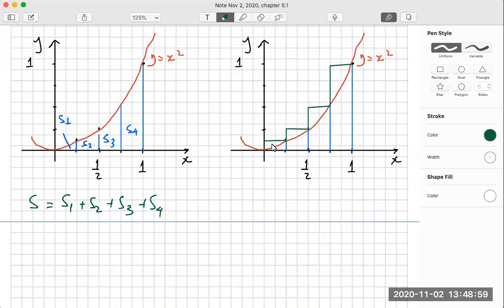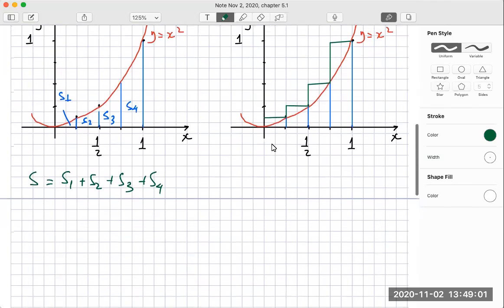Okay. And let us find, and recall this. Okay, the first example.